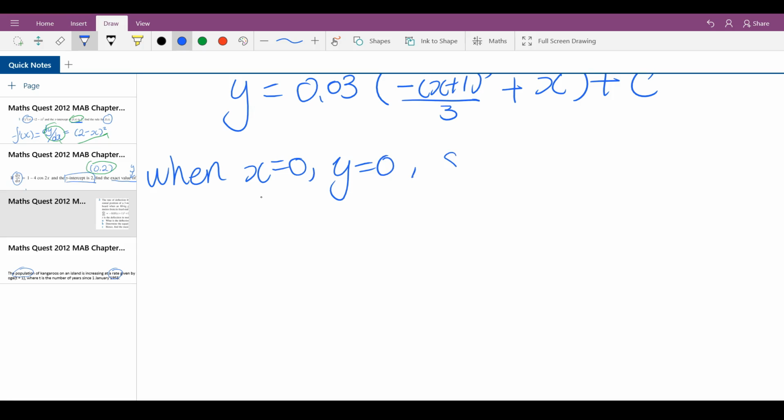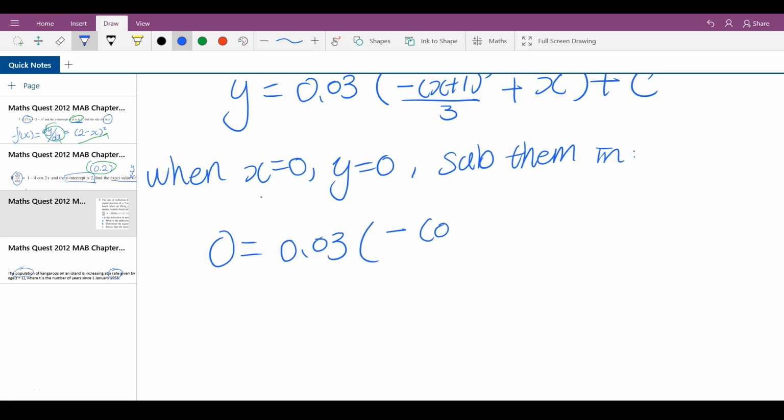Let's sub that in. So it becomes 0 equals 0.03 negative 0 plus 1 to the power of 3 over 3 plus 0 plus c. Yeah, a lot of zeros around.